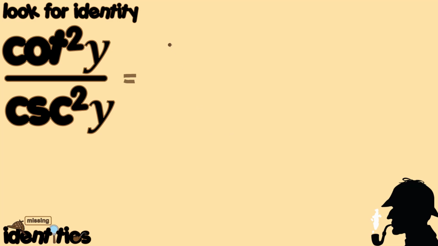So our cotangent y is cosine of y over sine of y. But since the given is cotangent squared of y, we also add square and square here. So cotangent squared y is equal to the ratio of cosine squared y and sine squared y.